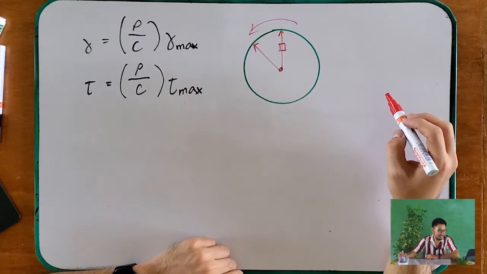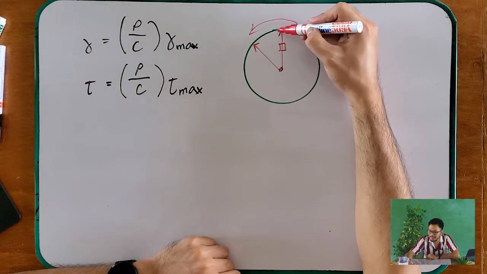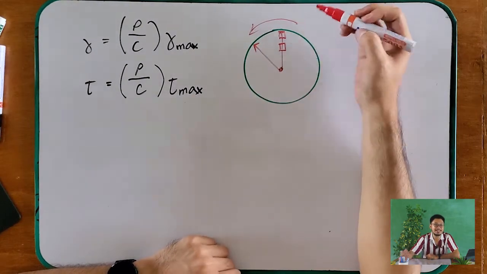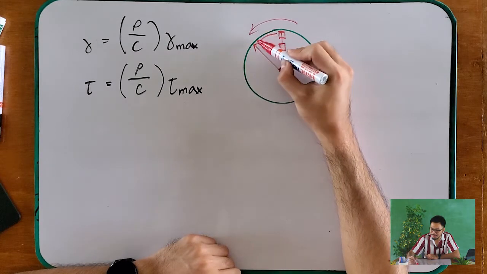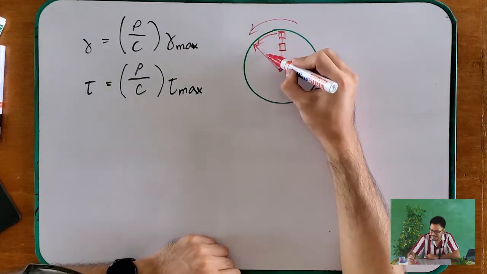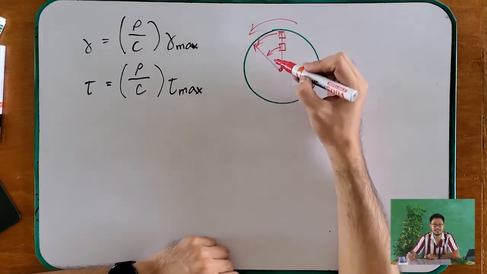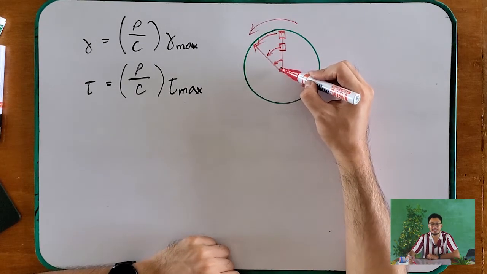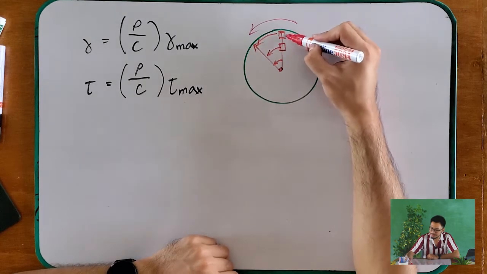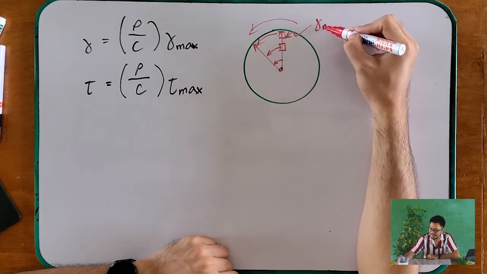Okay? And your element will obviously be at its maximum again, maximum strain if it is at the outermost part. But if it is toward the inside, then your strain gets smaller, until halfway it reaches zero strain. So therefore, this is your gamma max again.